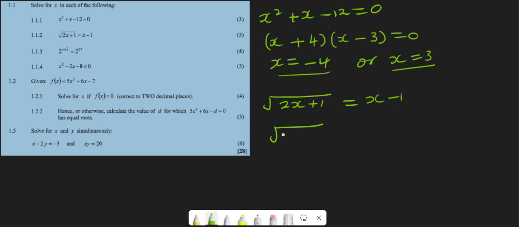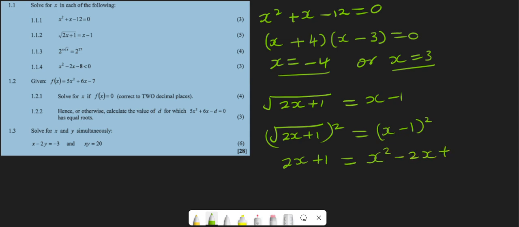When we square on the left, we also need to square on the right to balance the equation. On the left we remain with 2x plus 1, and on the right we have x squared minus 2x plus 1.